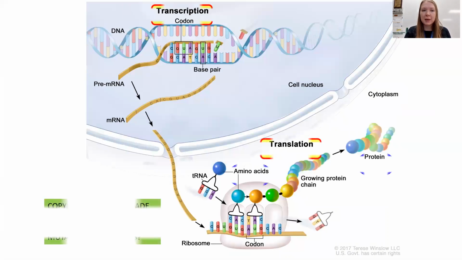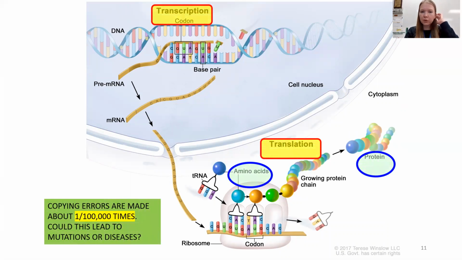Now, how is this DNA copied to make proteins? So we have our strand of DNA, and it is in the cell nucleus, and there is a chemical reaction where RNA copies the bases from the DNA.